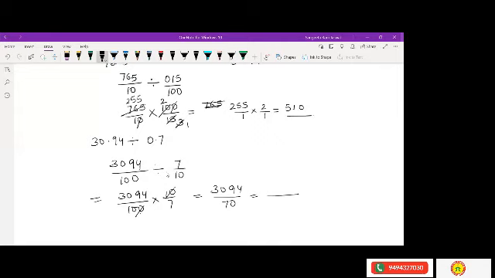Seventy into 4 will be 280. So 309 minus 280, that is 29 something. So this will be 44 point something. Okay. Please check.